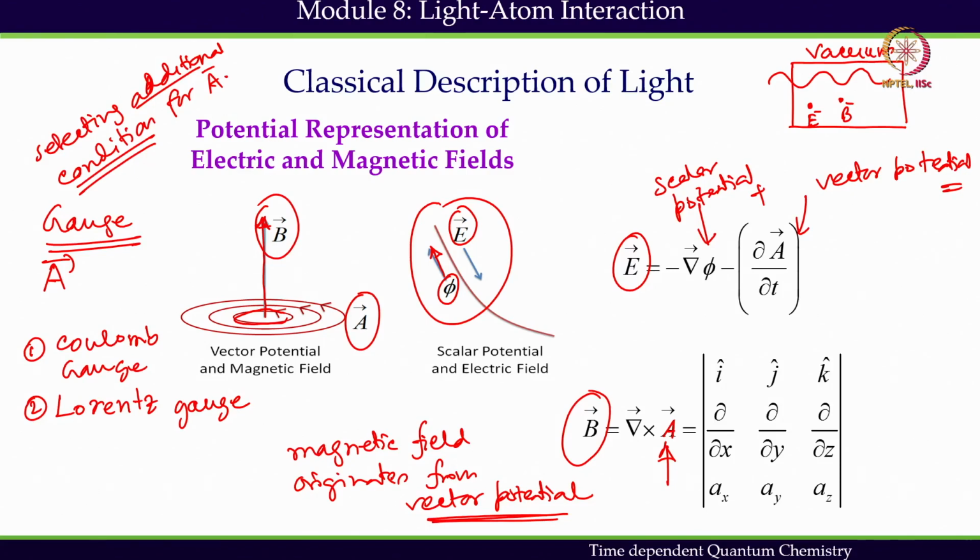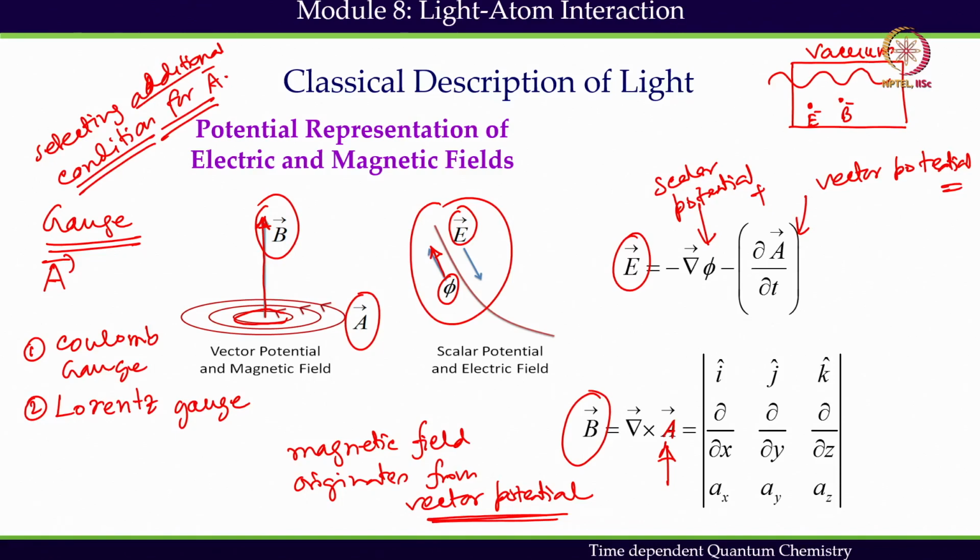However, ideally they should not change the final outcome. That's the point. Even if we use a particular additional condition to define A before we start describing the light atom interaction, the final outcome should ideally be the same.